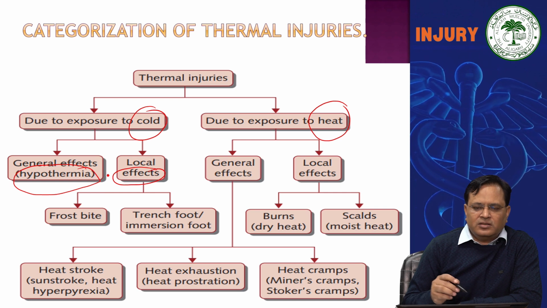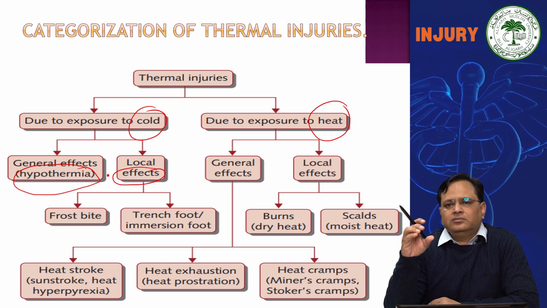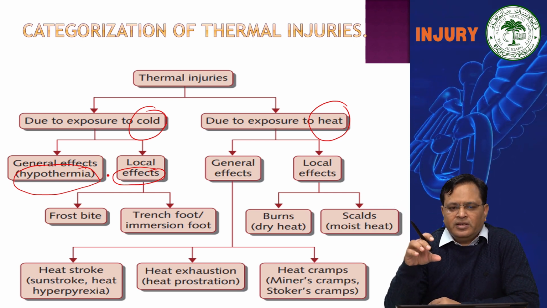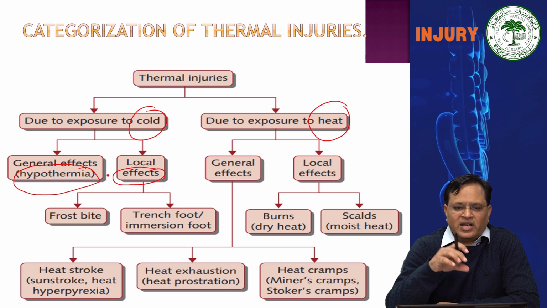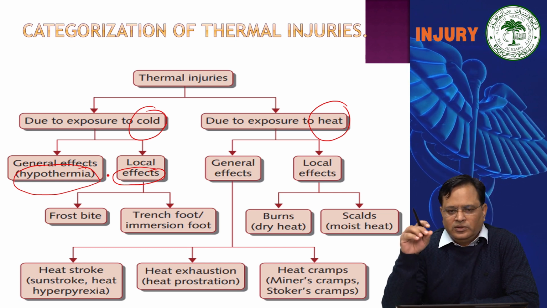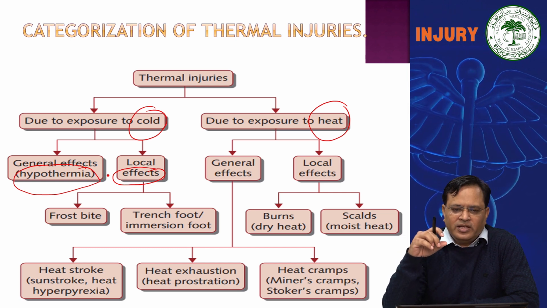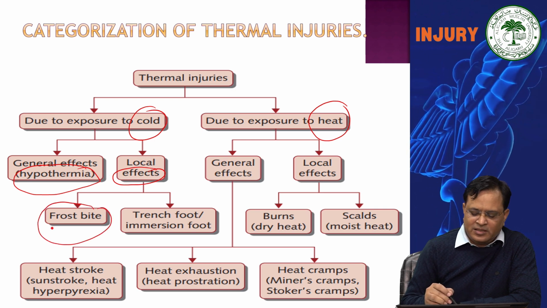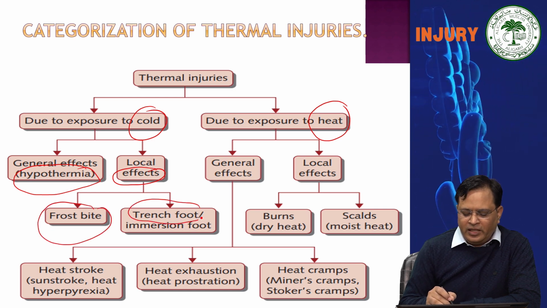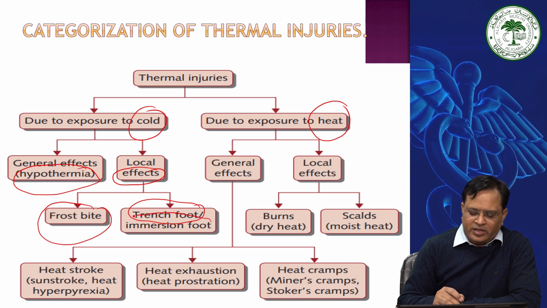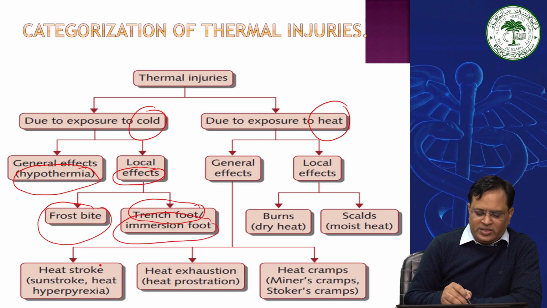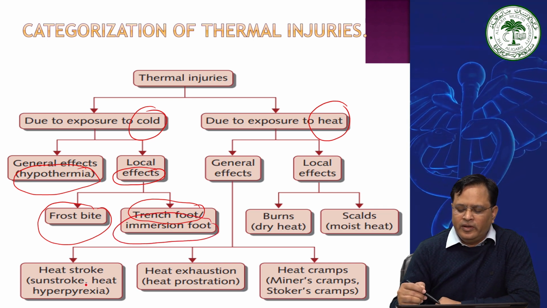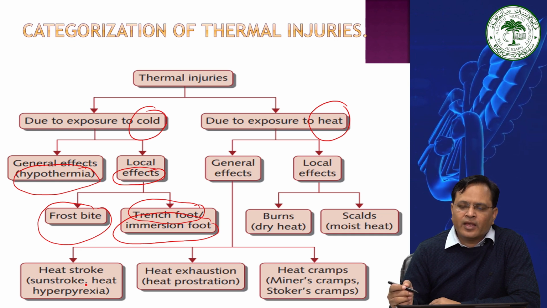Local effect means low temperature is exposed to certain parts of the body. So if a certain part of the body is affected, then we have frostbite in the legs and elsewhere, trench foot, and immersion foot, mainly in the foot. Then we have heat.